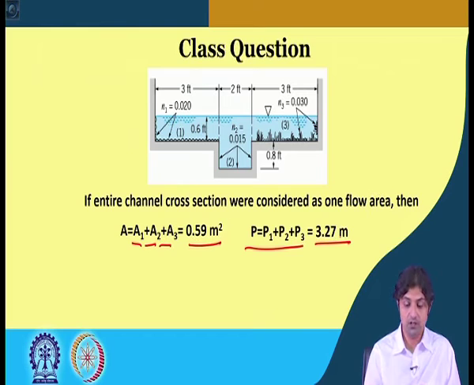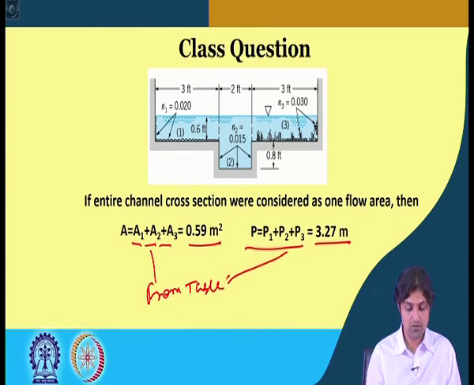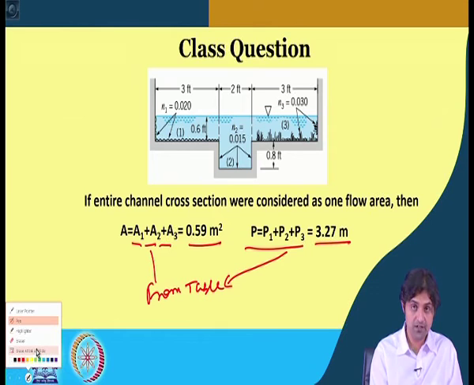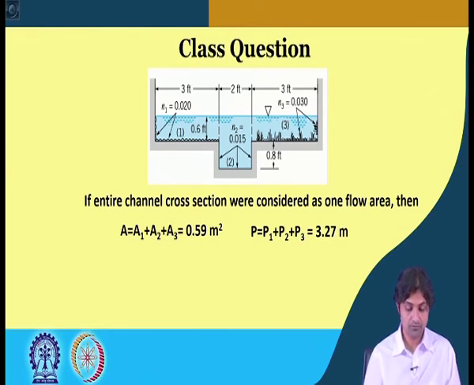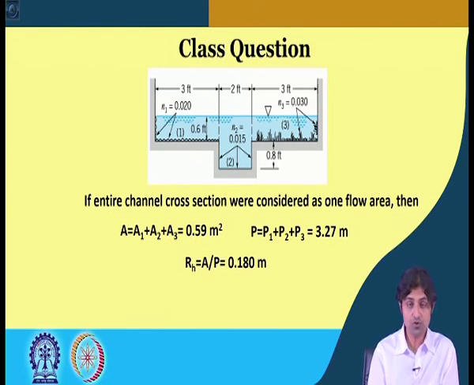So, the effective hydraulic radius is A by P, and it comes out to be 0.180 meter.